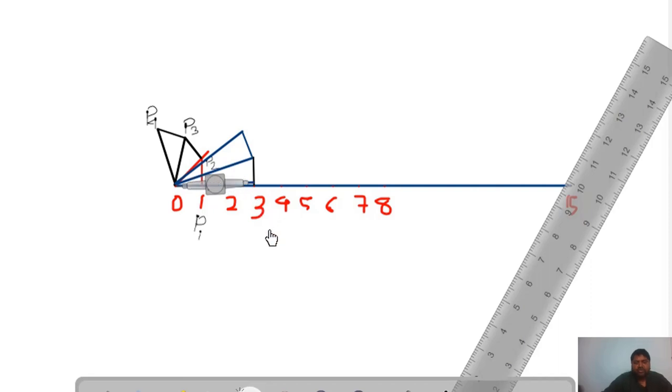So we draw a perpendicular at 3, that means 3 units with 1 unit perpendicular. When we take the perpendicular at 3, the length is 3 and 1, and we draw an arc.